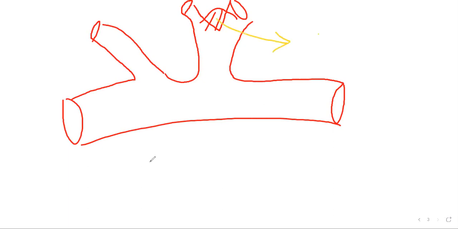In between the bifurcation of the common carotid artery, here we have one chemoreceptor. This is known as the carotid body. And within the arch of aorta, we have another peripheral chemoreceptor, which is termed the aortic body.